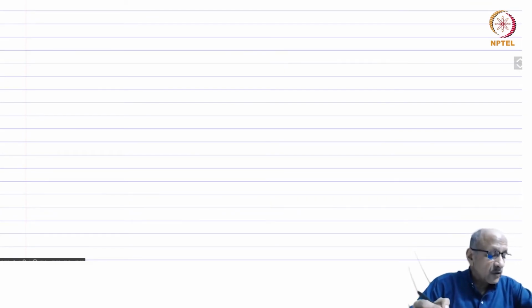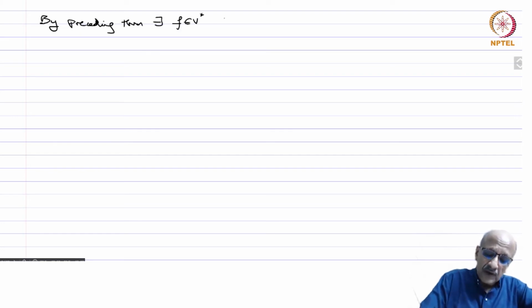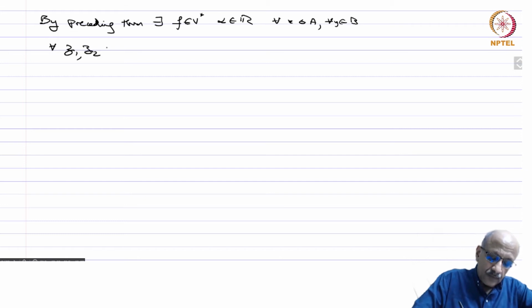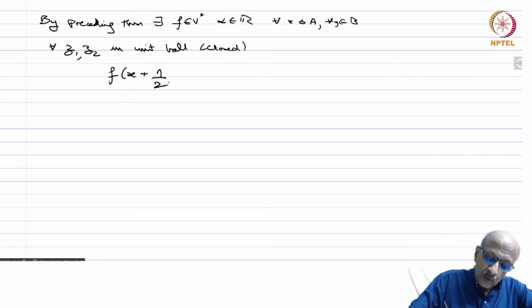So you have two disjoint convex open sets which are non-empty. So by the preceding theorem, there exists a closed hyperplane, f in X star, alpha in R, such that for all x in A, for all y in B, and for all z1, z2 in the closed unit ball, that means norm z1, z2 are all less than or equal to 1, f of x plus eta by 2 z1.